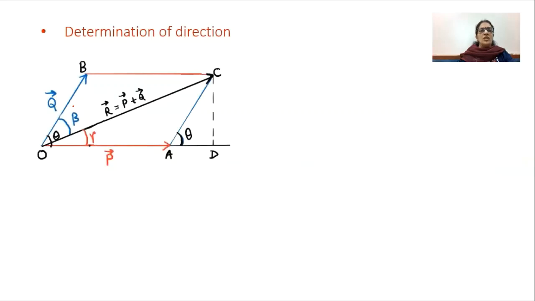Now we will see what its direction is. For that we are again looking at the same diagram, determination of direction.